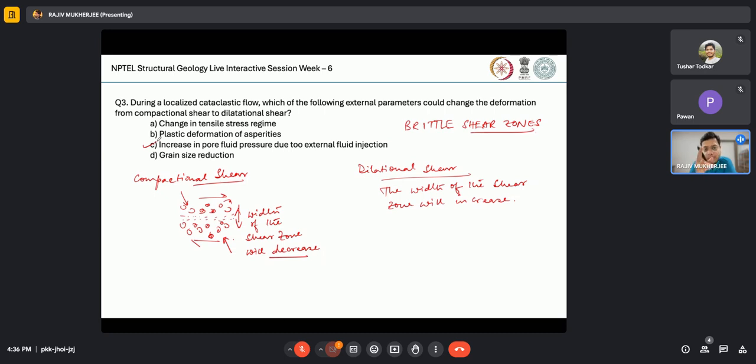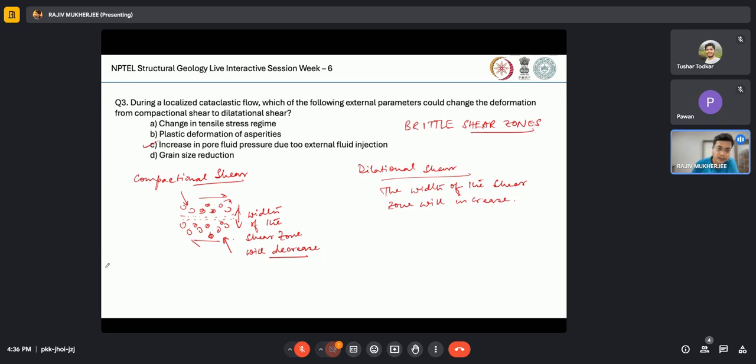Excessive pore pressure, that means excessive fluid injection, will eventually lead to loss of cohesion, and fluidity will increase in the system, and that eventually turns into a granular flow. And for granular flow, dilation is a major component of deformation, right?